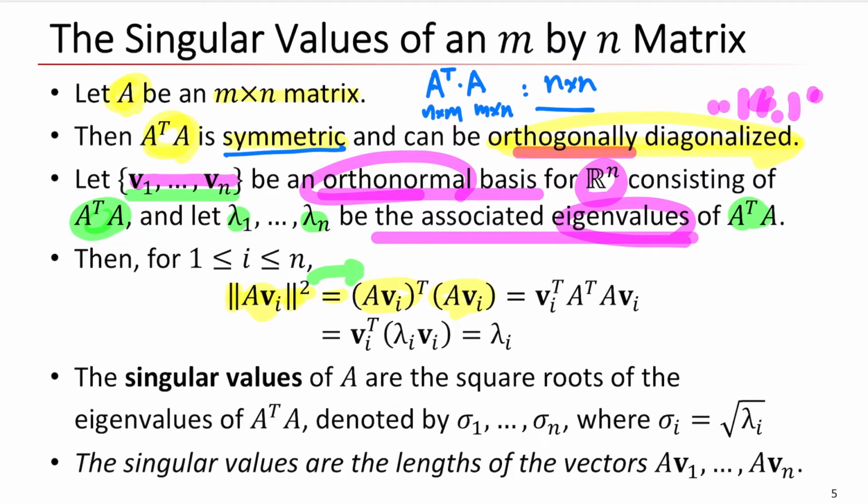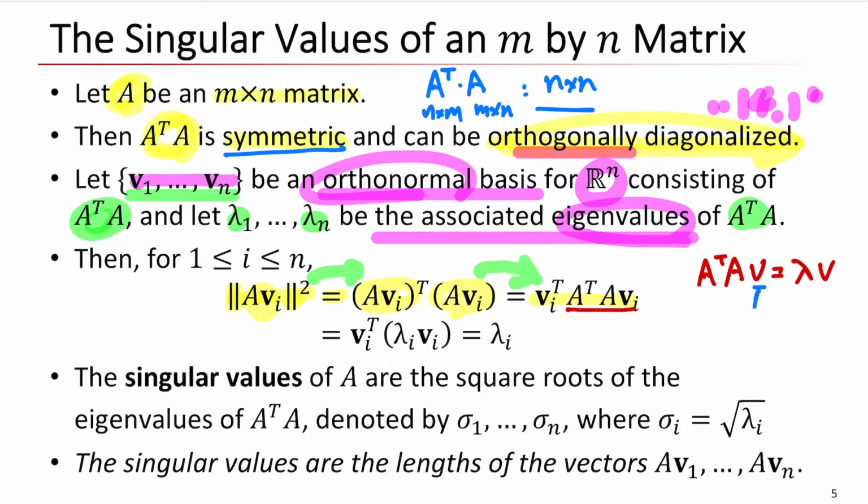And then by using the properties of the matrix transpose, we can rewrite that as vi transpose times A transpose times A times vi, right? And we already know that A transpose A v is equal to lambda v, right?